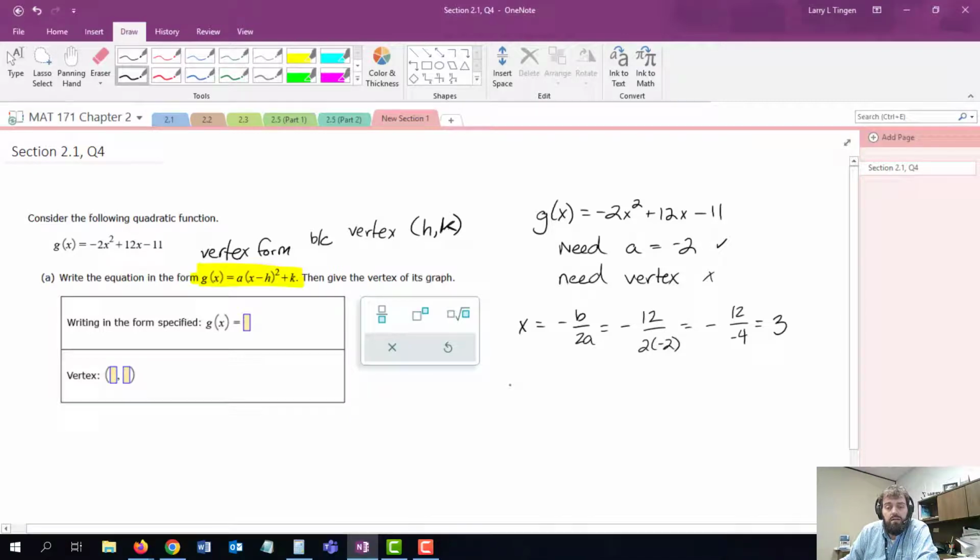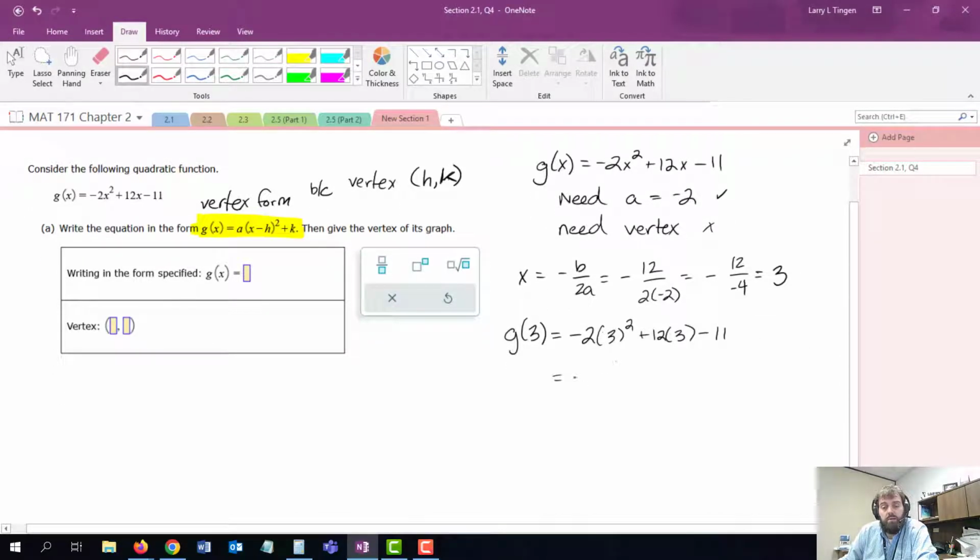And then what is the y coordinate? I take what I found as the x coordinate of the vertex. I plug it into the original function. x doesn't get to live here anymore because now I have something in place of it. Negative 2 times 3 squared plus 12 times 3 minus 11.